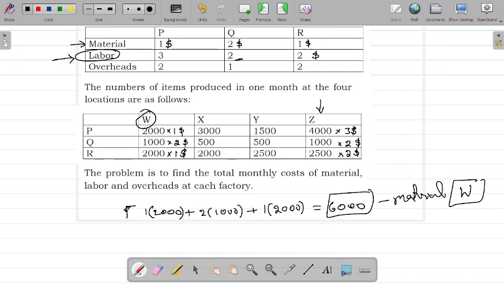Okay, so if you observe, this is simply a matrix multiplication when you take this as a cost matrix.